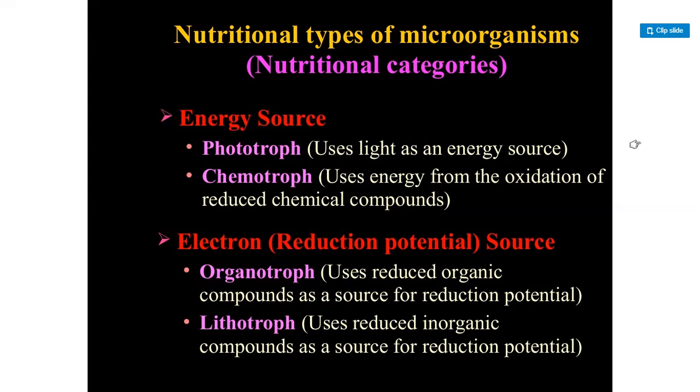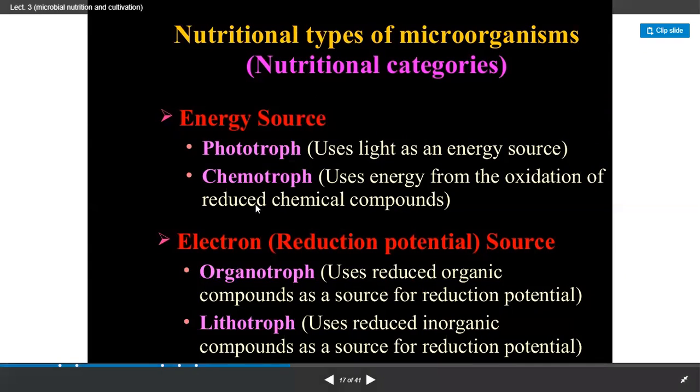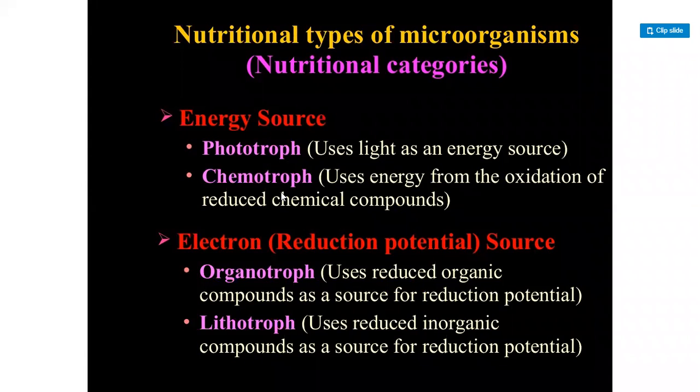In the energy source, bacteria which are phototrophs use light and chemotrophs use energy from the oxidation of reduced chemical compounds. So two types of energy source are present. First is light, and the second is energy-producing chemical compounds.